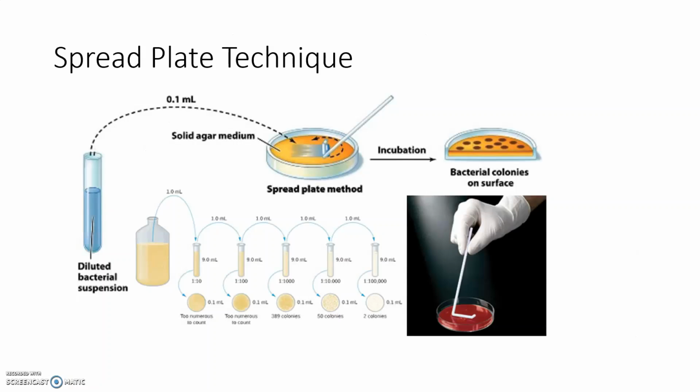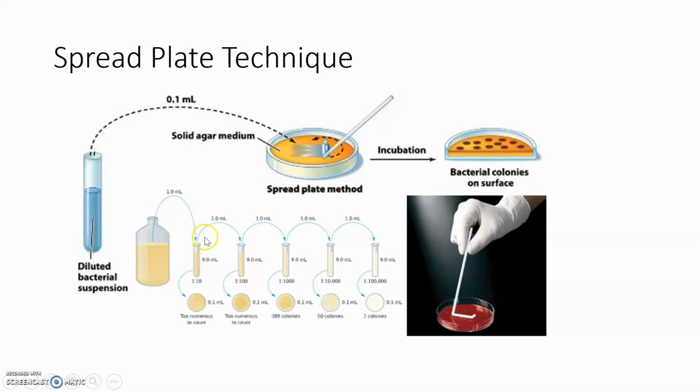And in the spread plate technique, this is the overall method. The picture here shows the bacterial suspension. There are some similarities with the pour plate technique. Look at this picture. This is the bacterial suspension. From this, we take 1 ml into 9 ml of diluent broth, so 1 ml of bacterial suspension is added. Now this dilution is 1:10.